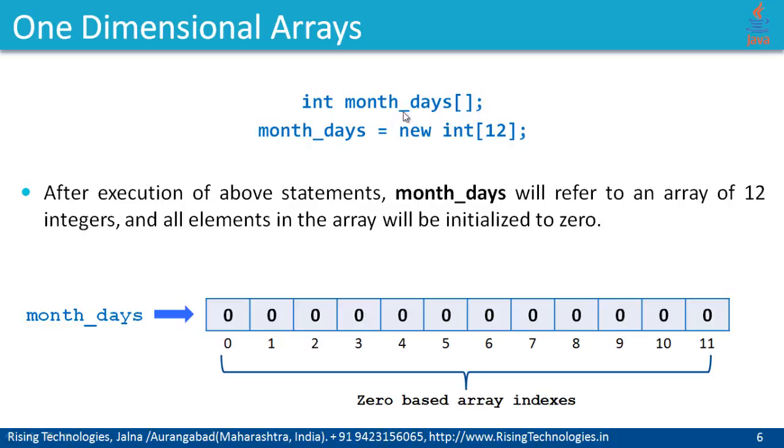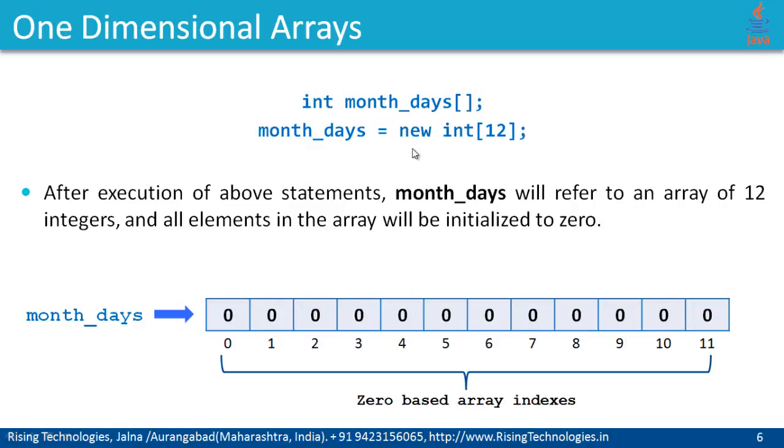When I say int month days and array notation, this statement declares a month days variable as an array variable. And then when I say new integer and 12, this line of code declares a physical array in the memory, and this array is going to have 12 elements.